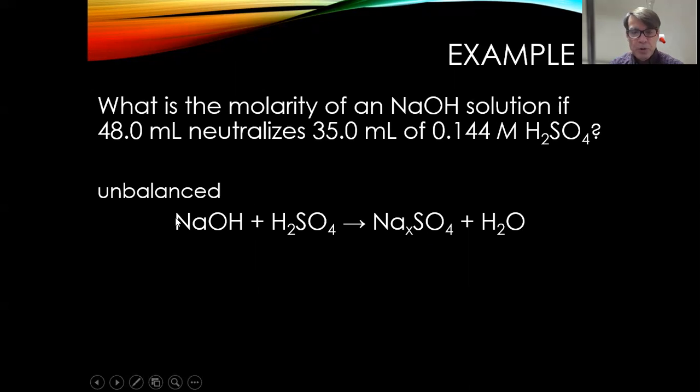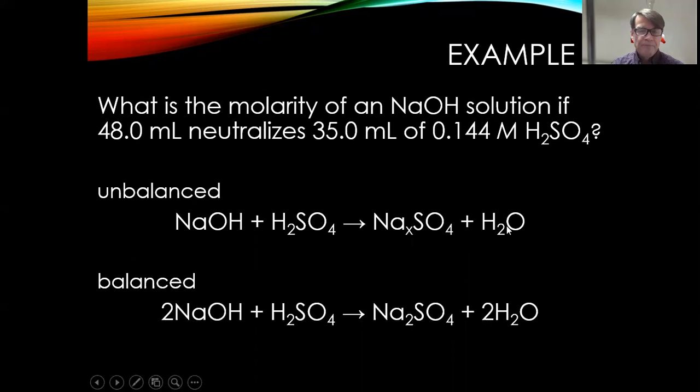So I'm going to put a 2 in front of this. Now if I've got 2 hydrogens here and 2 hydrogens here, then I'm going to have 4 hydrogens here, so I'm going to put 2 in front of that. The balanced equation looks like this.